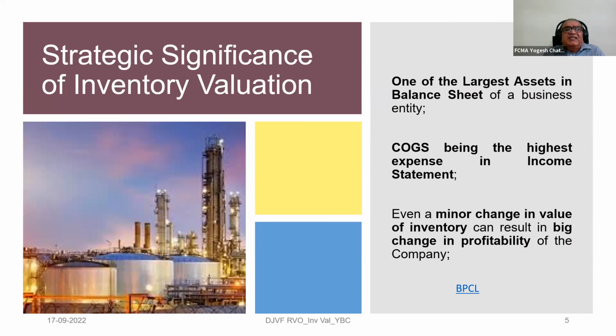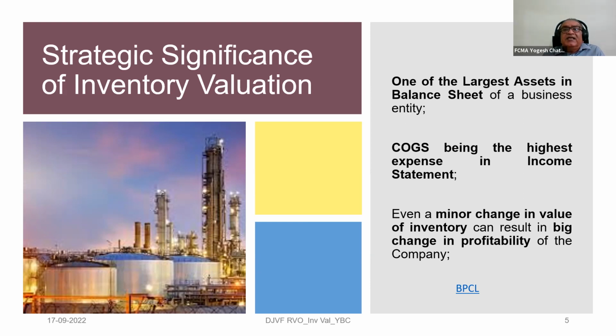Now, what is the significance of inventory valuation? If we open the balance sheet of any business entity, you will find inventory will be probably the largest asset under current assets, and one of the highest value assets overall, taking fixed assets and current assets together.